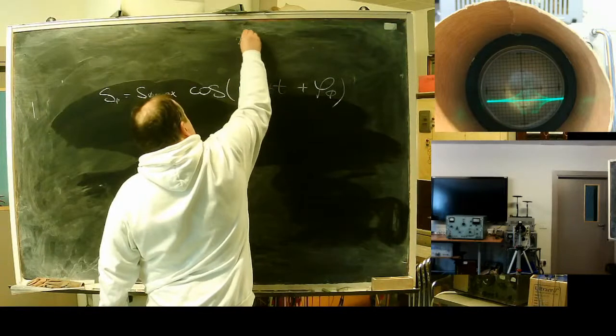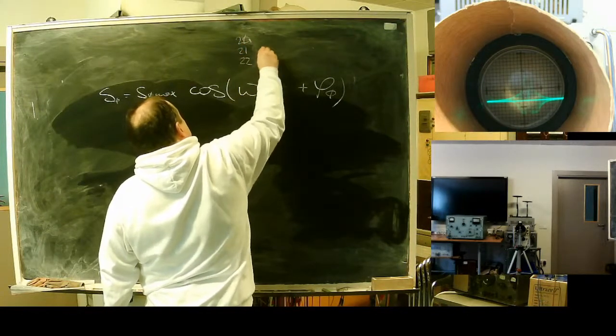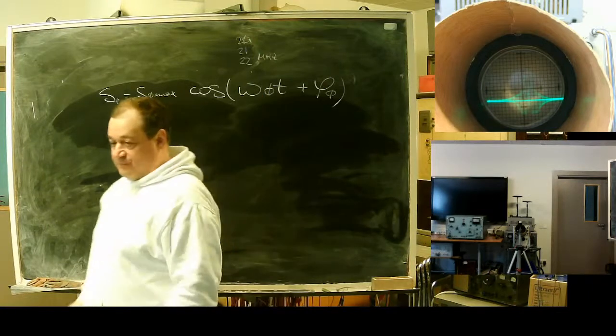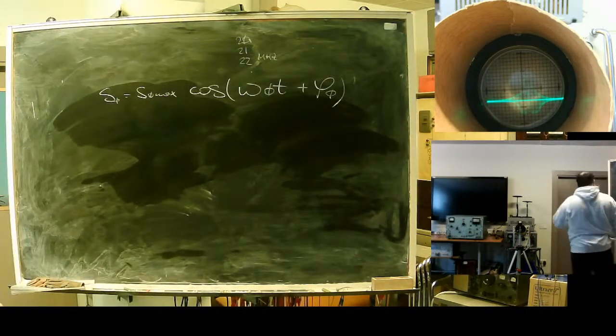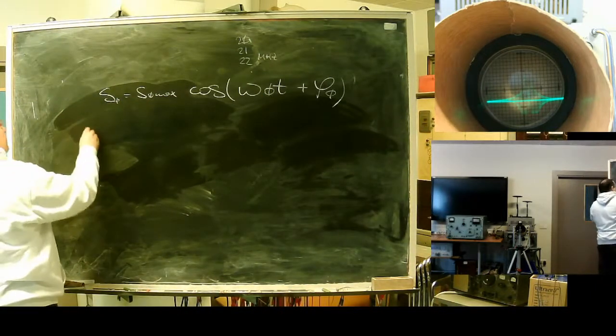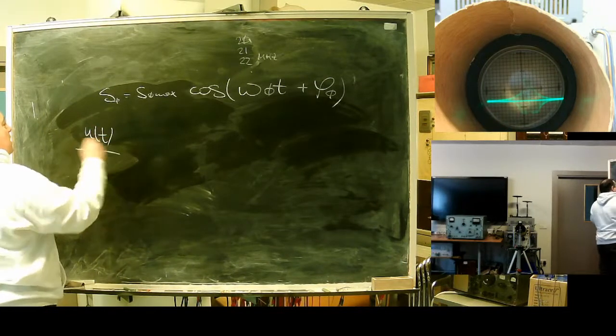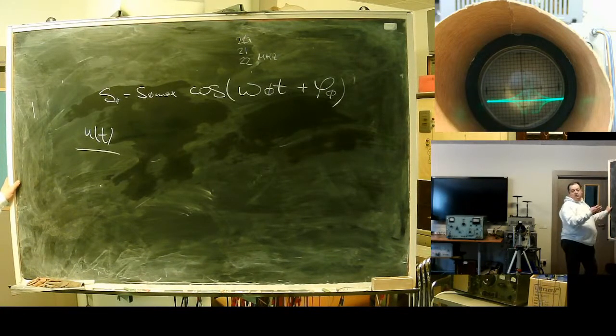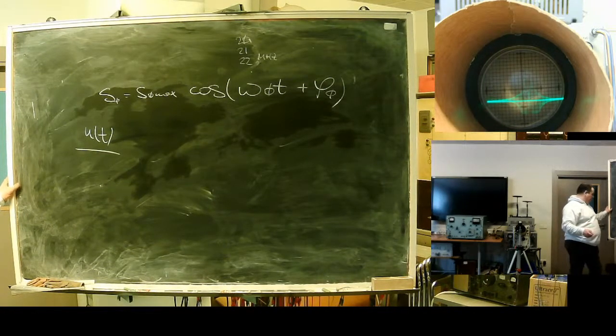In our example, 20, 21, 22 megahertz and so on. I want to transfer, let's say, it may be voice, or state of the current. Why not? At this moment it's not important.